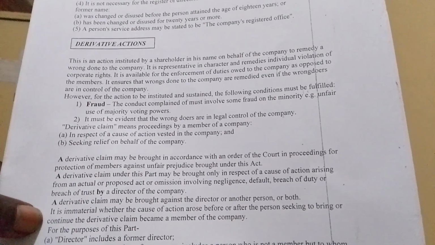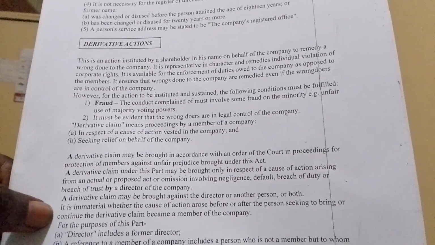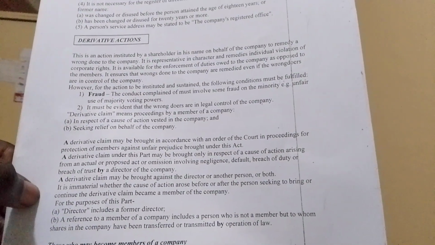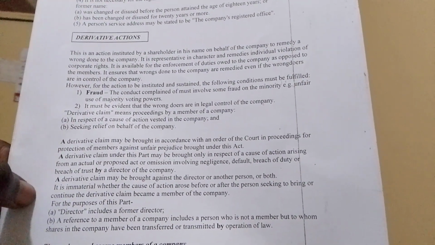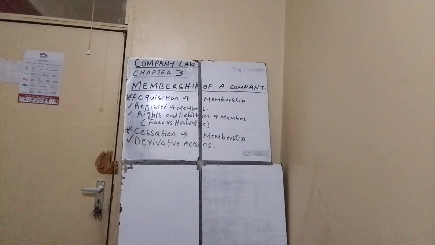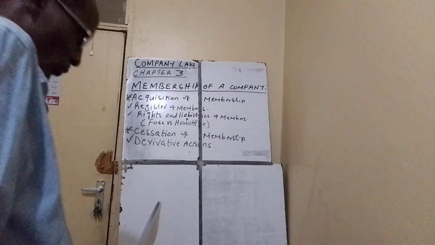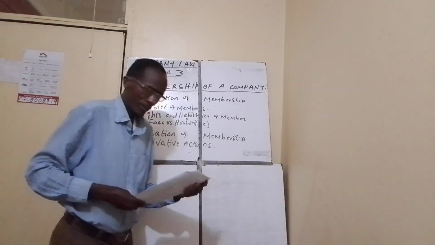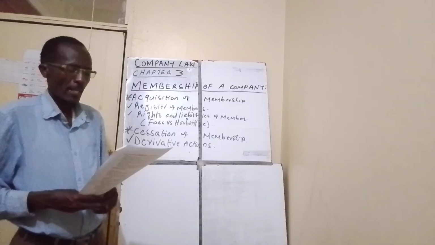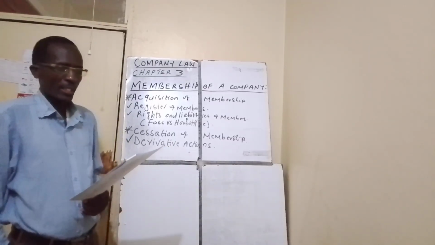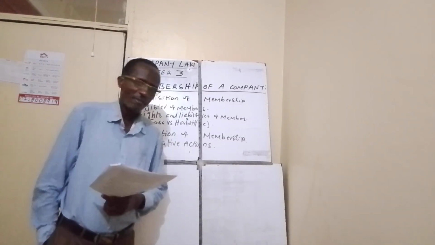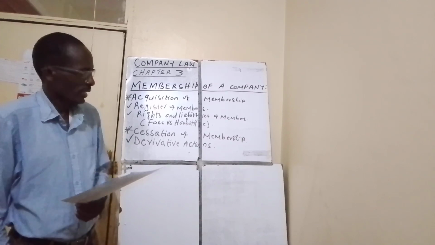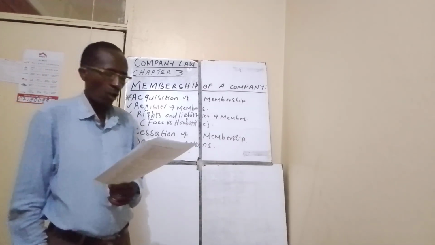Can you go through my notes? I've given you that as an assignment. You can use your smartphone or your computer. You ask, what is the meaning of derivative action as used in company law?